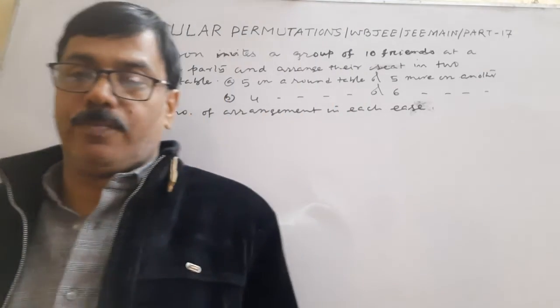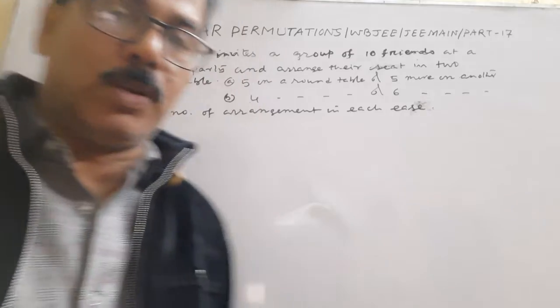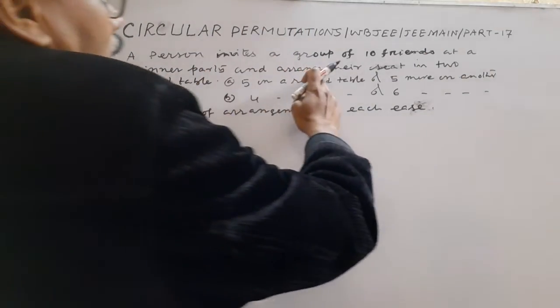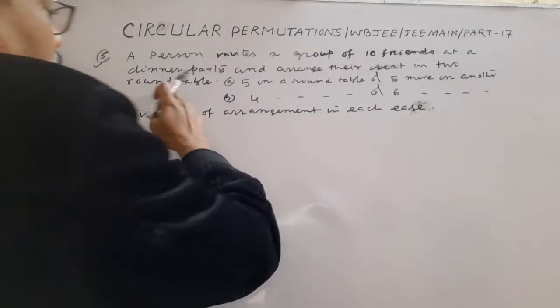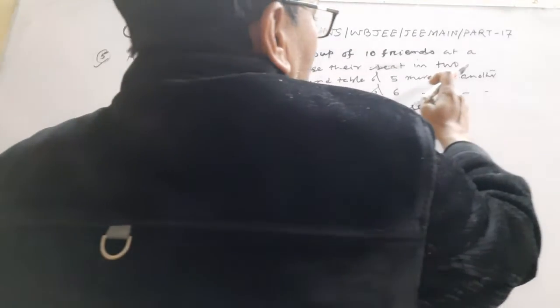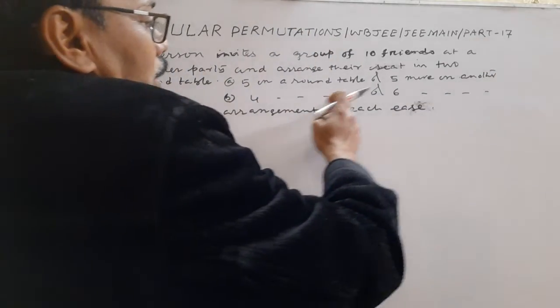Now finally, we consider one more problem. A person invites a group of 10 friends to a dinner party and arranges their seats at round tables. A: 5 on one round table and 5 on another. B: 4 on one round table and 6 on another.